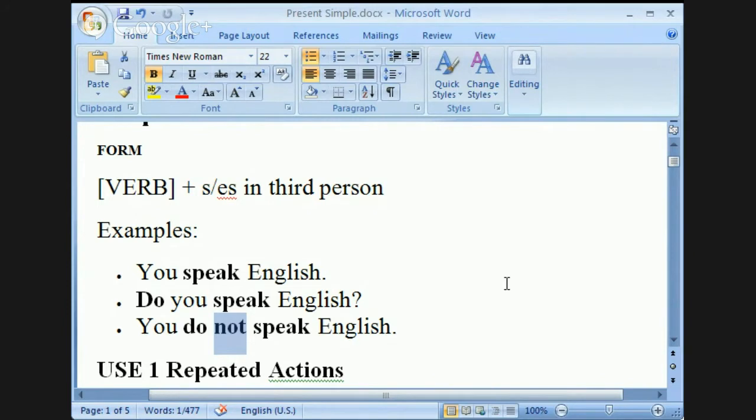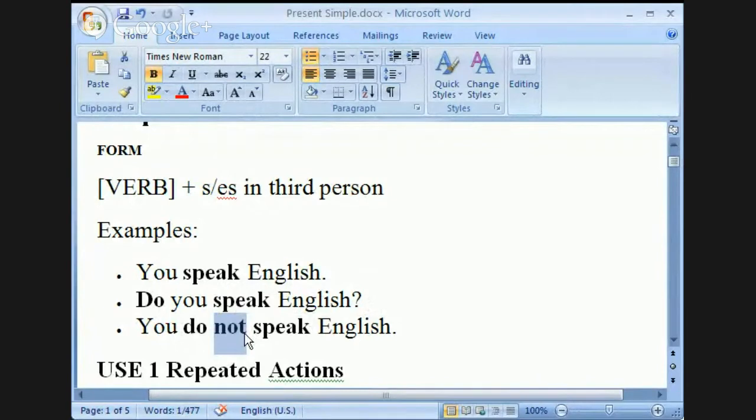You may have many auxiliary or helper verbs. The not will follow the first auxiliary in the sequence. So, in this case, you do not speak English.